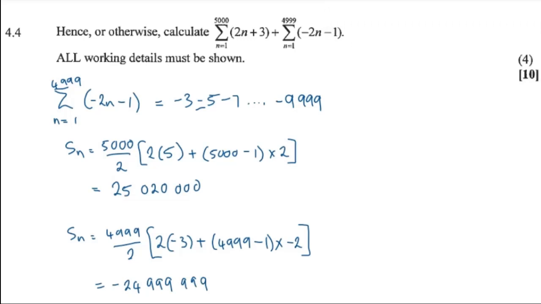25,020,000 plus, which means we're going to subtract, but it's fine, you can enter it like that in the calculator.